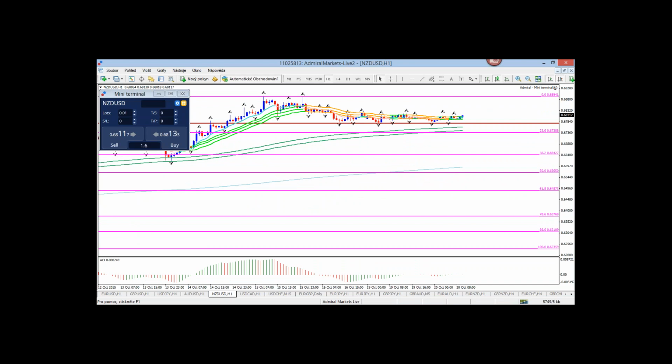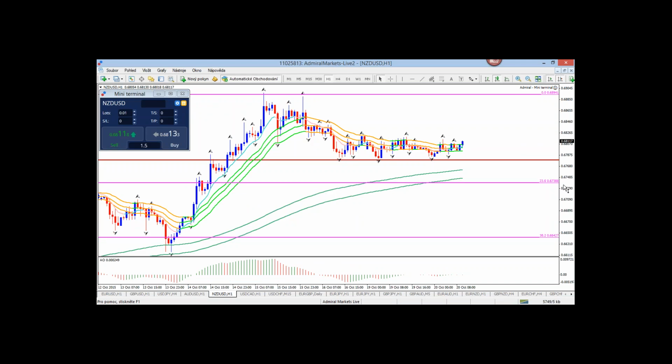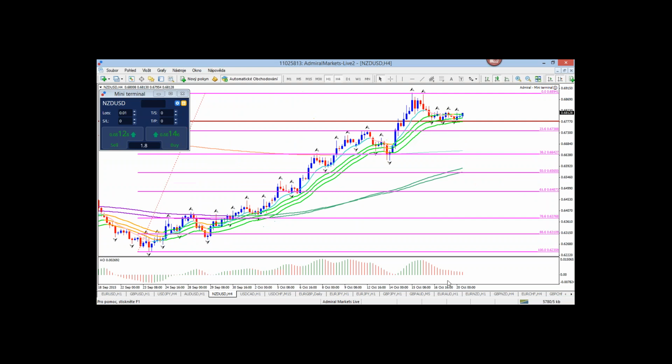This support level obviously indicates the change of gears. So if it breaks that, I would look for a hook back, but also a bounce right here. For upside, what would I need to see? Let's see.